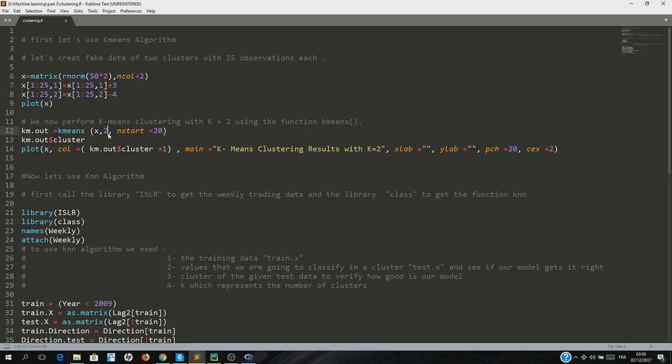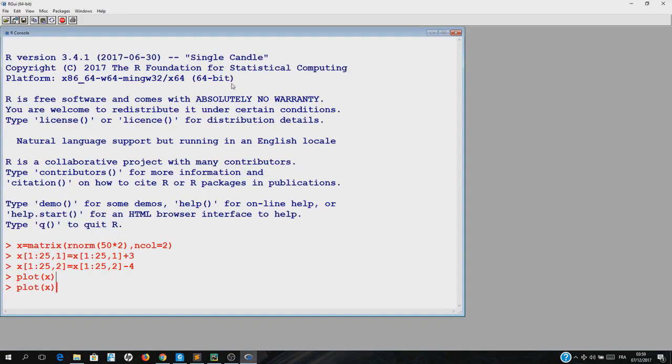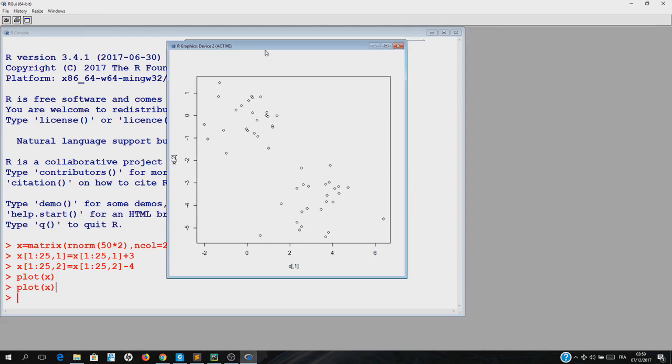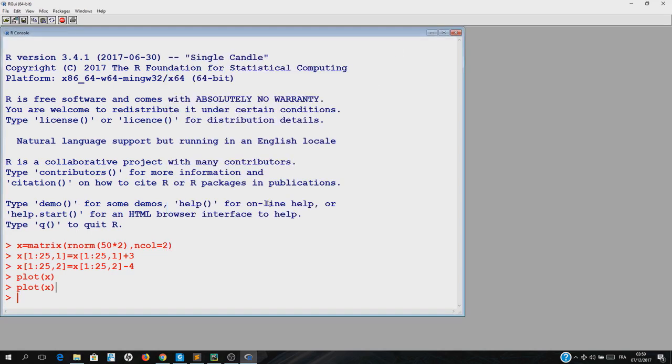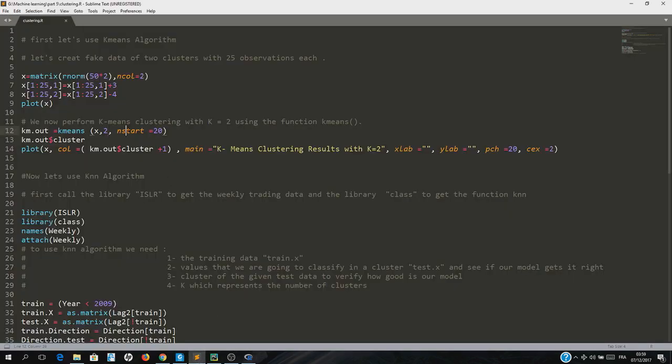This time we're going to choose 2, because if you remember our plot, you can see that our data obviously has 2 clusters, so there is no point in choosing 3 clusters. Then nstart equals 20.